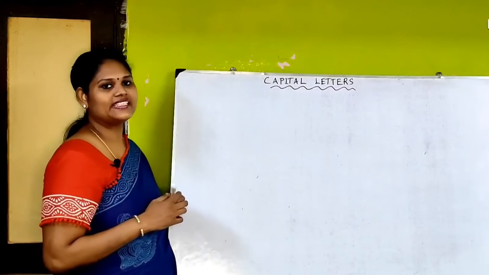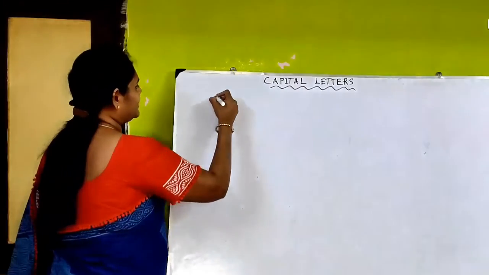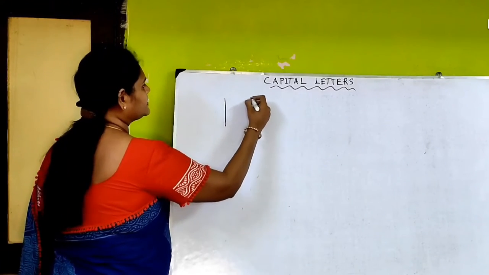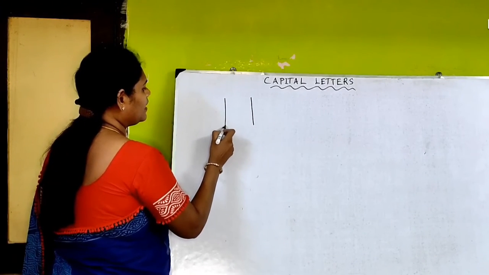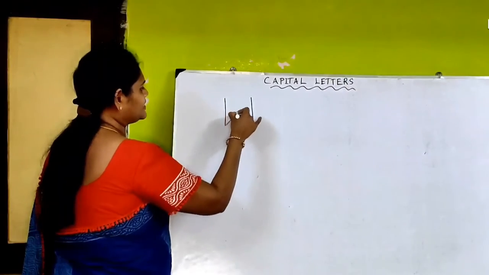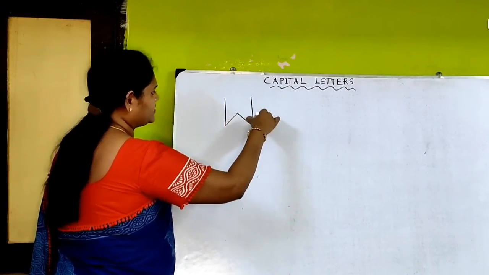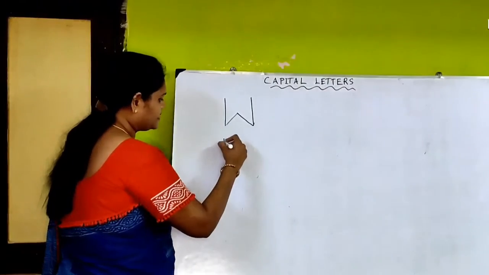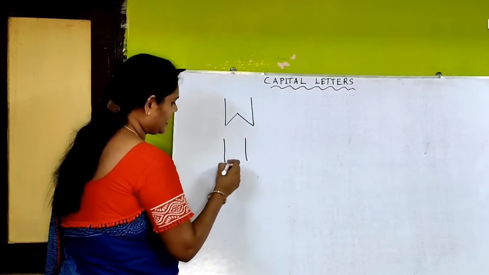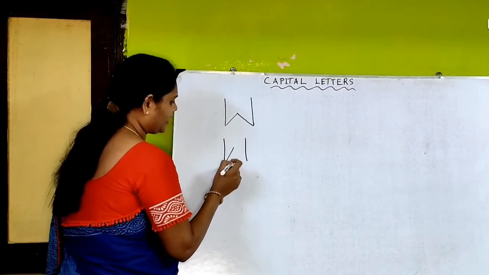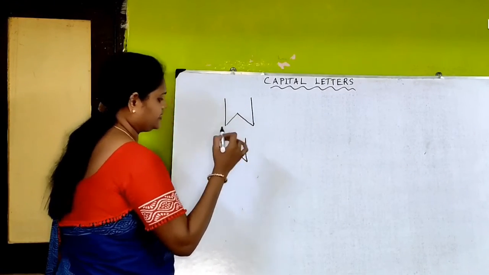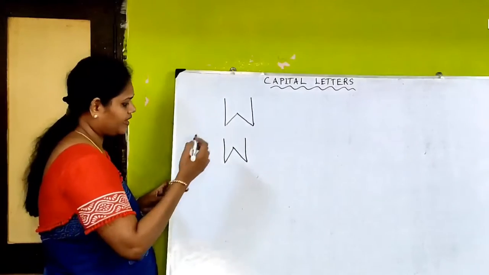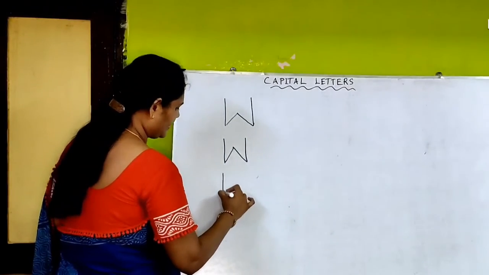The next letter is W. Standing line, again standing line. Now down to up lines and again up to down lines. This is capital W. I will repeat. Standing line, down to up lines and up to down lines.